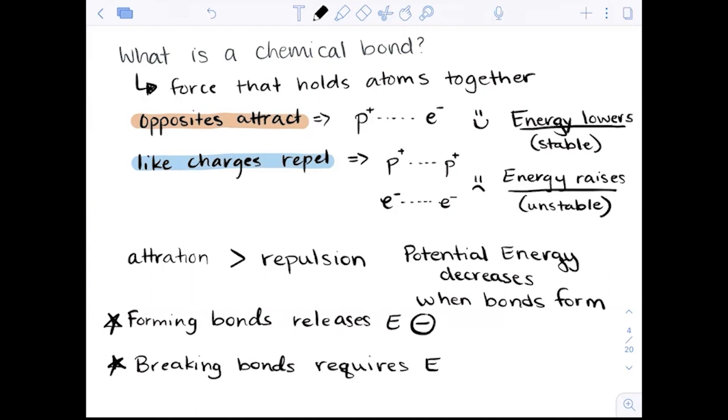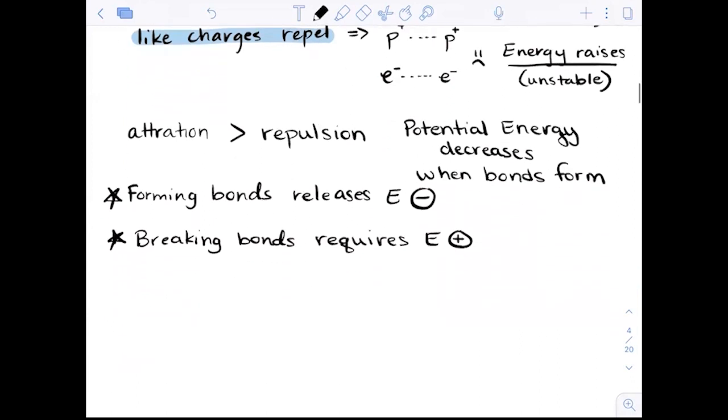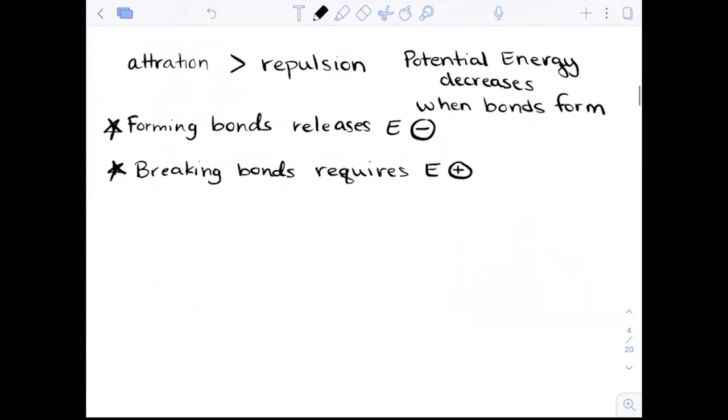We can think about forming bonds as exothermic, and breaking bonds as endothermic, when we talked about energy way back in Unit 1. So understanding this, what does this mean for two atoms? Well, let's just say that I had atom A over here. Here's his nucleus.